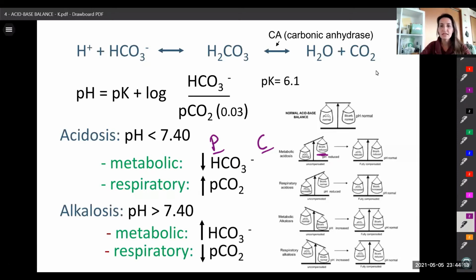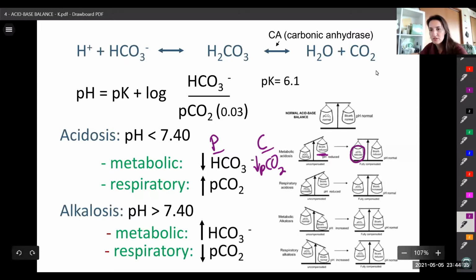And then the compensation here would be to remove CO2. We increase the removal of CO2, bringing CO2 levels down, so the partial pressure of CO2, to help match that decreasing base. So this tells us that the partial pressure of CO2 has been reduced because the bicarbonate as a problem has been reduced.